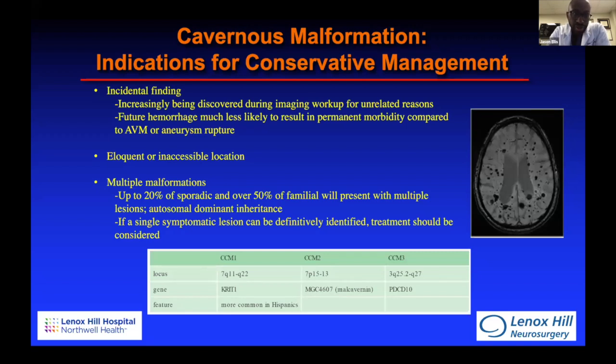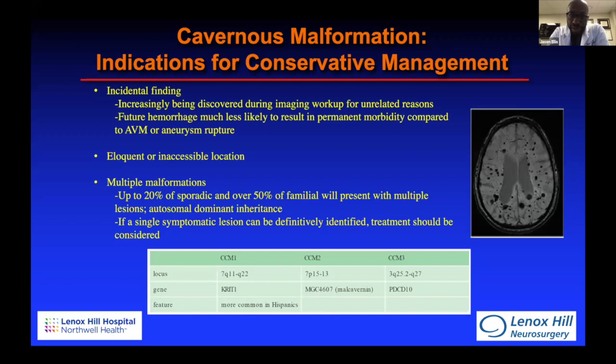So we look at the location, whether it's eloquent, can we easily access the lesion? We also look at the history of the patient, their family history, and their history of whether they were symptomatic or not. About 20% of cavernous malformations that are multiple are sporadic.